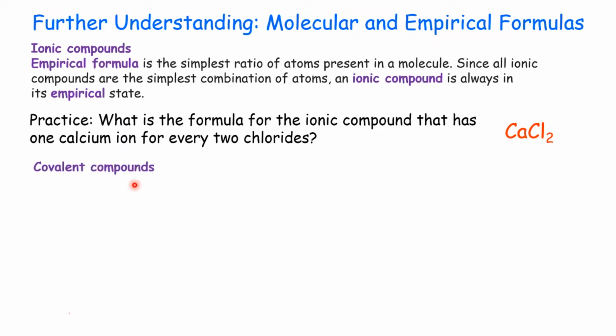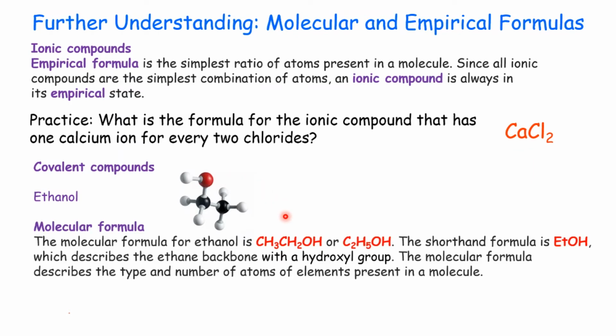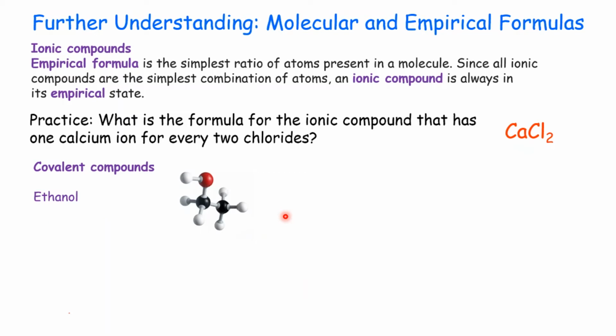Covalent compounds, of course, we are talking about nonmetals. Let's take ethanol as the example. Okay, so 2 carbon, 6 hydrogen, and 1 oxygen. So therefore, the molecular formula, we can write that down.